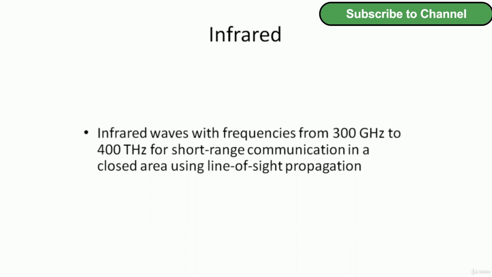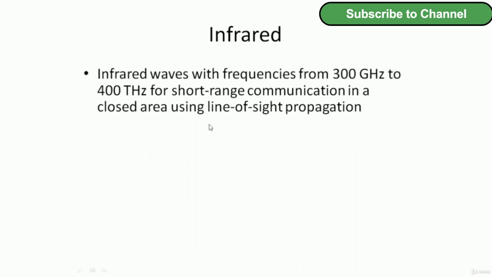Then infrared, IR. Infrared waves have frequencies from 300 gigahertz to 400 terahertz, for short range communication in a closed area using line of sight communication.